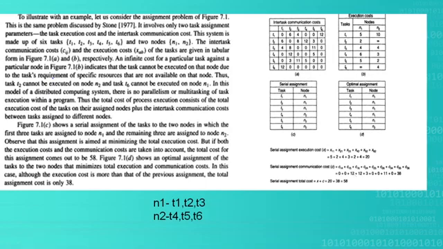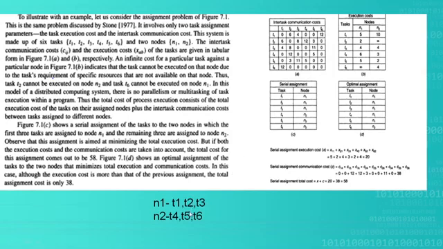Next, from T2 we take the costs T2 to T4, T2 to T5, T2 to T6. T2 to T4, C24, the communication cost is 12, so it is written as 12 again.